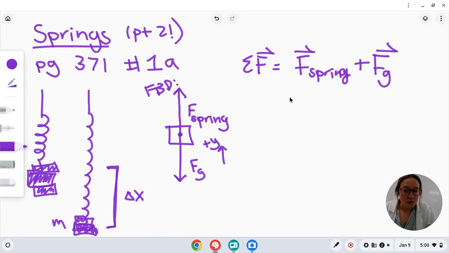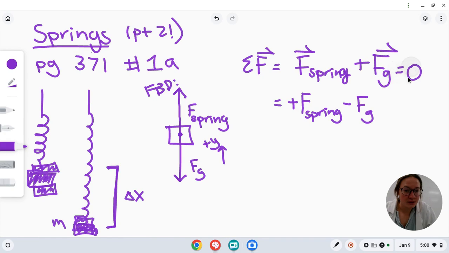So, now, when I rewrite this equation, I'm going to rewrite it as positive. I'm getting rid of the vector hats because I'm replacing the vector hats with positive and negative signs. The positive force of the spring, because it's going up, minus the weight, because it's going down. Notice, because this thing is at rest, it's not accelerating.